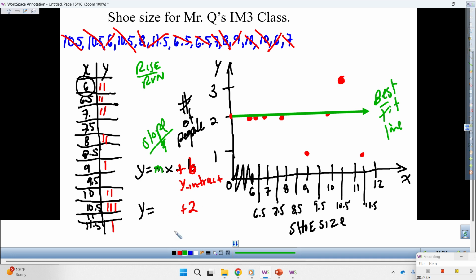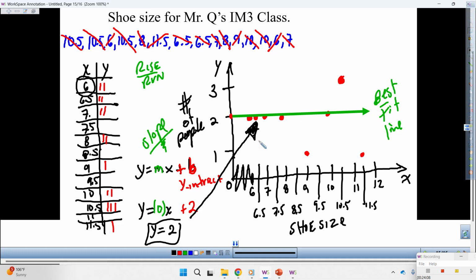So I would write 0 times x. 0 times x. So, if I simplify that equation, y equals 0 times x is 0, so that leaves us with 2. That's the equation to that line, to my best fit line.